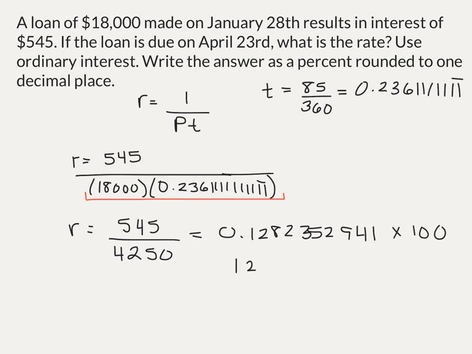So we get 12.82352941. And the problem tells us to round to one decimal place. So I'm going to look at the 8, and the value next to the 8 is a 2. Since 2 is less than 5, I'll keep the 8 as is, and my final answer is 12.8%.